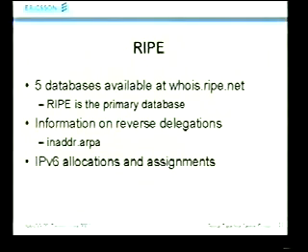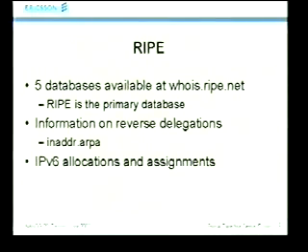Just very fast, some of you might have heard of the RIPE database. There are 5 databases available at whois.ripe.net. This is the server. RIPE is the primary database. It holds information on routes, routing policy, also on IP address ranges and reverse delegations, and IPv6 allocations and assignments.